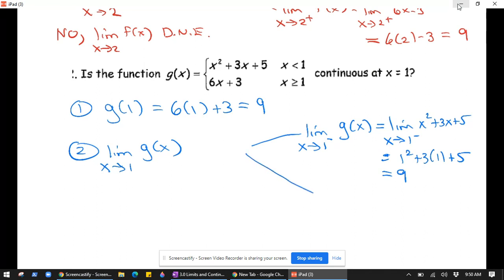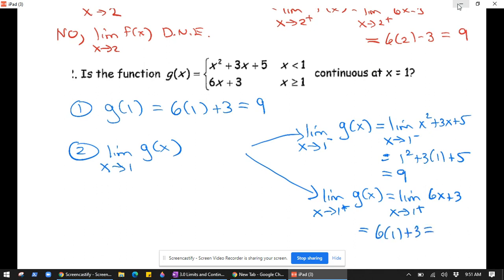We look now at the limit as x goes to 1 from the right of g of x. And so to the right side of 1, the function is defined to be 6x plus 3. At this point we just substitute: 6 times 1 plus 3 equals 9.